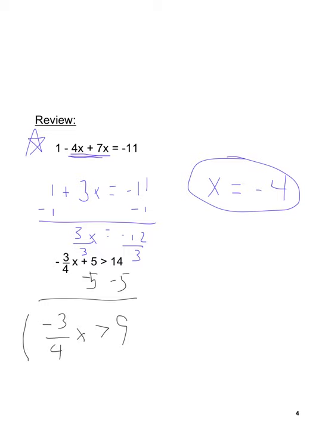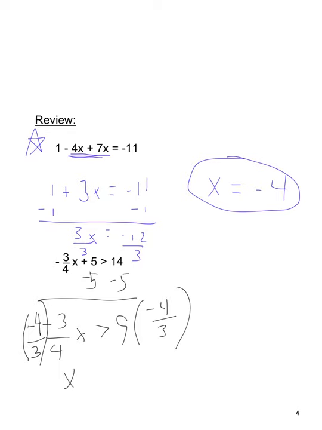So what I'm going to multiply by here is -4/3. Now, top times top is -4 times -3, which is 12. Bottom times bottom is 3 times 4, which is 12. So 12 over 12 is 1. So that would give us just x. Now on the right side, we have to multiply by -4/3.